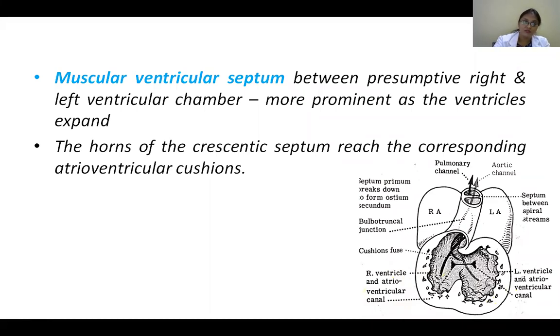Normally the muscular and membranous parts together complete your interventricular septum. There are defects called ventricular septal defects, which are the most common of all the congenital heart diseases. Congenital heart disease itself is one of the most common causes of congenital diseases, and among the heart diseases, the most common is ventricular septal defects.